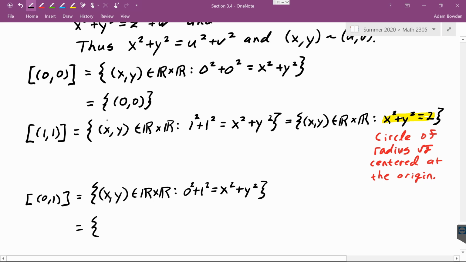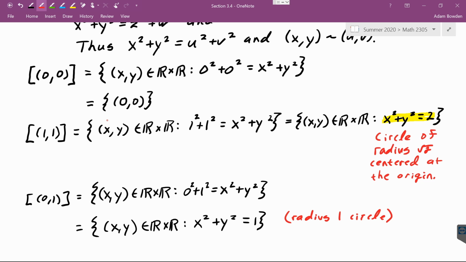Or another way of writing that is the ordered pairs such that x squared plus y squared is equal to 1. And this is yet again another equation of a circle, and so all the ordered pairs in this equivalence class are going to be on a circle centered at the origin, in this case of radius 1.